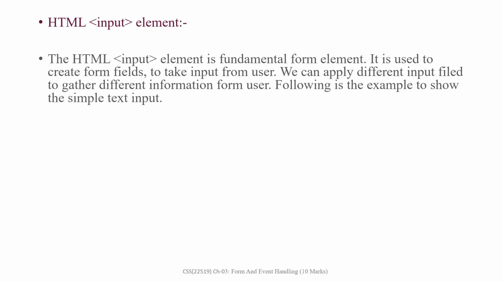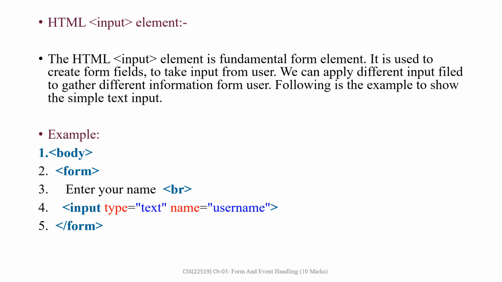So first we will see the HTML input element. The input element is a fundamental form element. It is used to create a form field to take input from the user. We can apply different input fields to gather different information from the user.